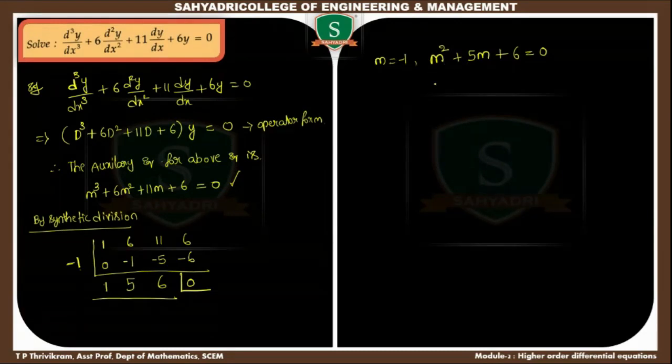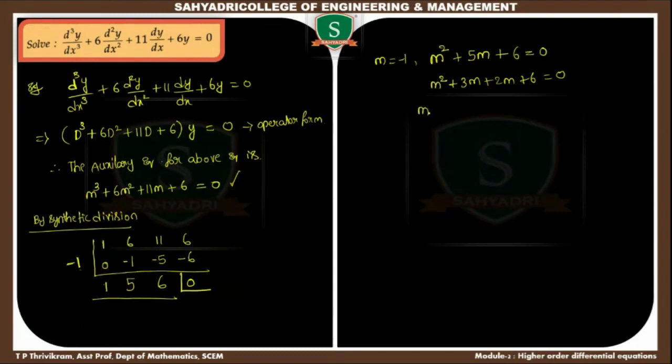To solve this, either you can use the formula minus b plus or minus root b square minus 4ac, or normal method also you can use. So 1 into 6, factors of 6 which give 5. So I can write this equation as m square plus 3m plus 2m plus 6 equal to 0.